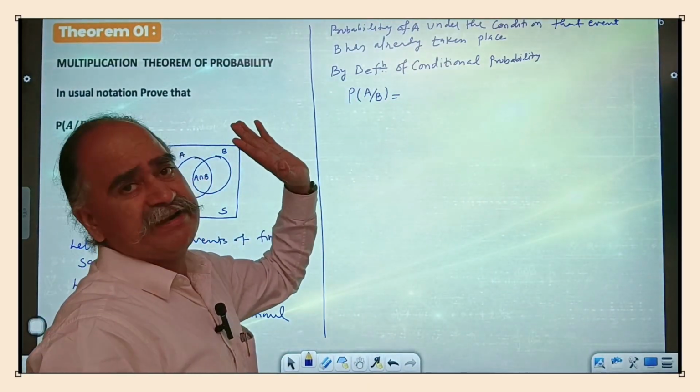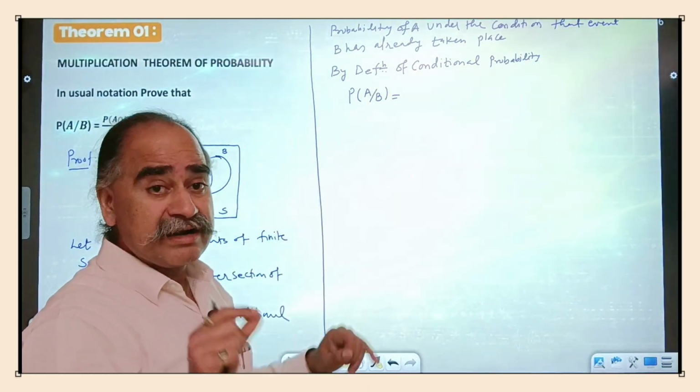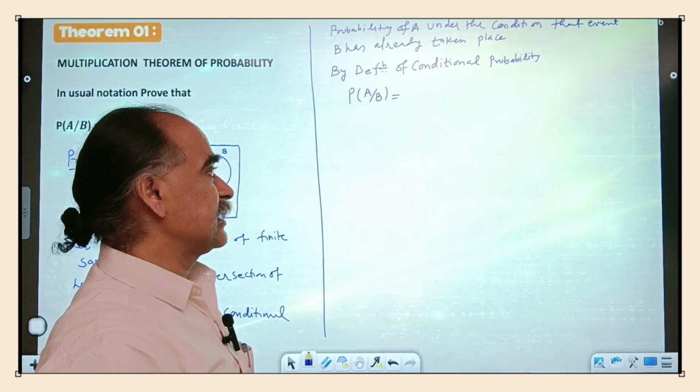This is probability of event A under the condition that B has already taken place.